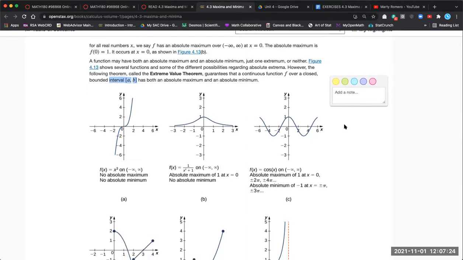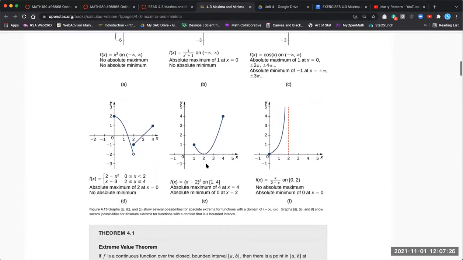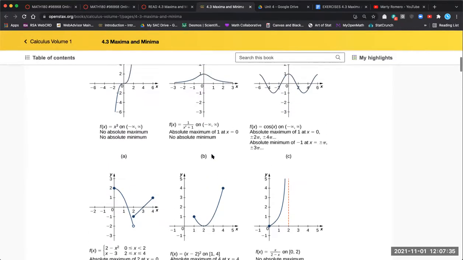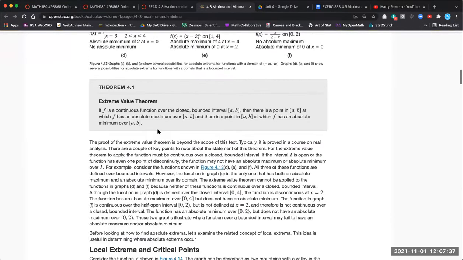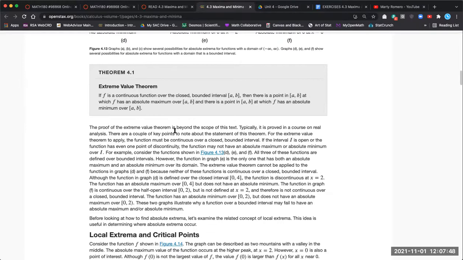You also see it could happen with piecewise functions, or functions that are non-traditional or only defined over some smaller interval. And hence the extreme value theorem: if you have a continuous function, that's the key, there is a point that will always be the maximum, and there is a point that will always be the minimum.